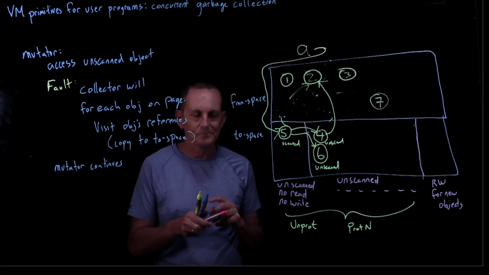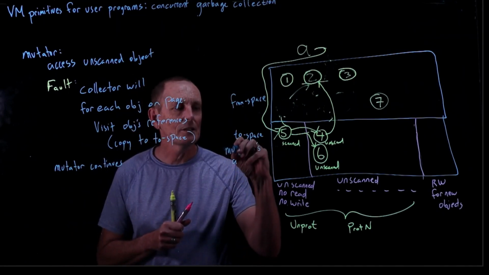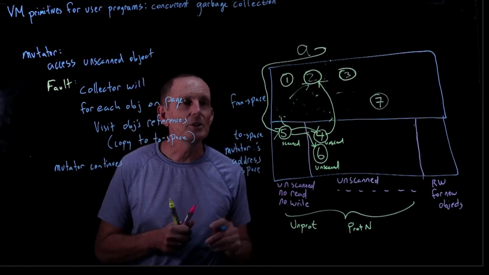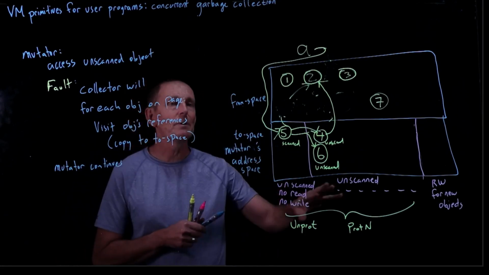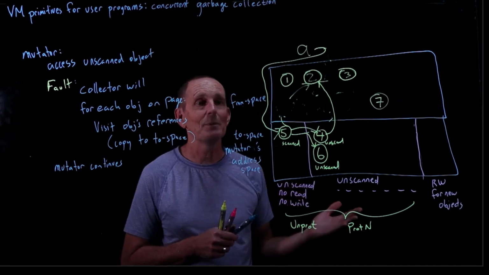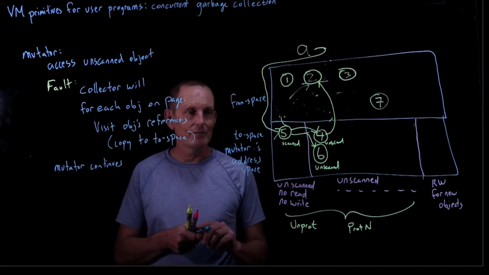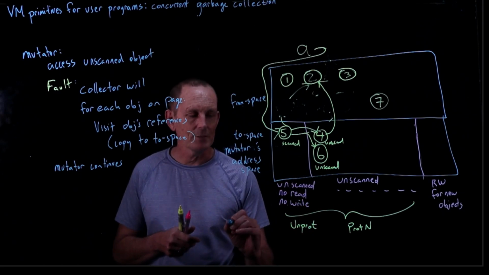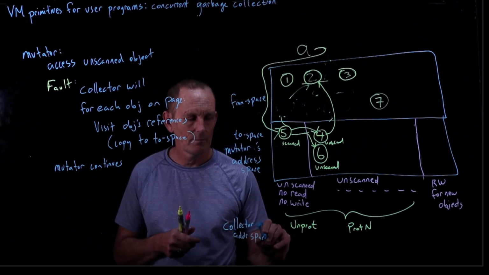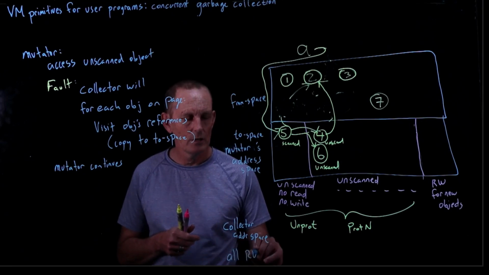Well, the way it worked is this is the mutator's address space. The mutator's address space has a collection. Some pages are unscanned and therefore not readable and not writable. Some pages have been scanned and are readable and writable. We also have a separate collector address space. The collector address space is all read-write.